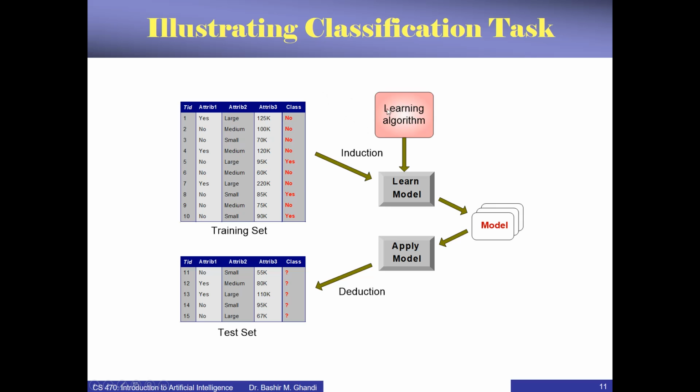In this lecture we will see decision tree, and then in the next lecture we shall see neural network. So the idea is for the learning algorithm to take the examples here and use them to build a model, or to learn a model. So we have a model, and then we use the test set to validate the model and see whether it will be correct. This is the idea.